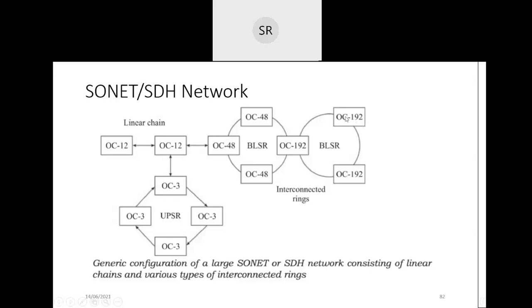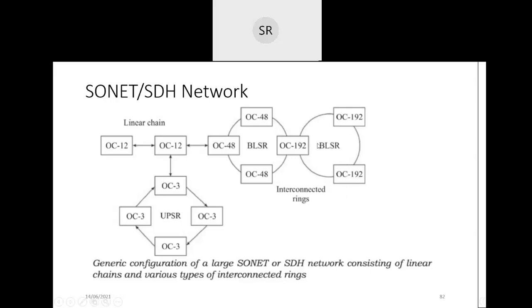If you consider the BLSR bidirectional, the bidirectional line switch ring in this particular case, it has the interconnected ring, in which two OC-192 channels are there, and here we can say that it has a four-fiber ring. Now a ring consists of a number of OC-N channels, so this ring is interconnected between those OC-N channels.